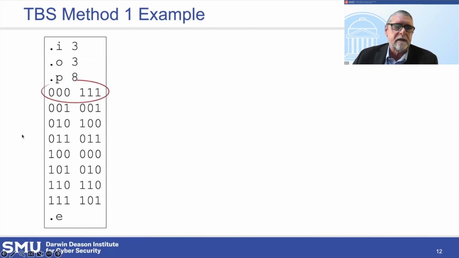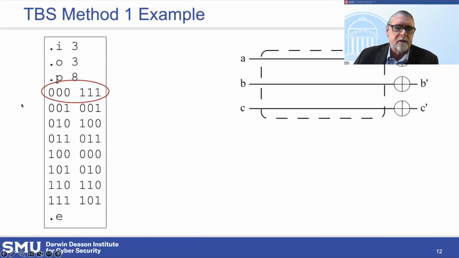So the basic idea for this method is to traverse each entry in lexicographical order here and to try and build up an identity. So we would start with this first one, and in order to make this an identity function, we see that we would need to invert these three ones.